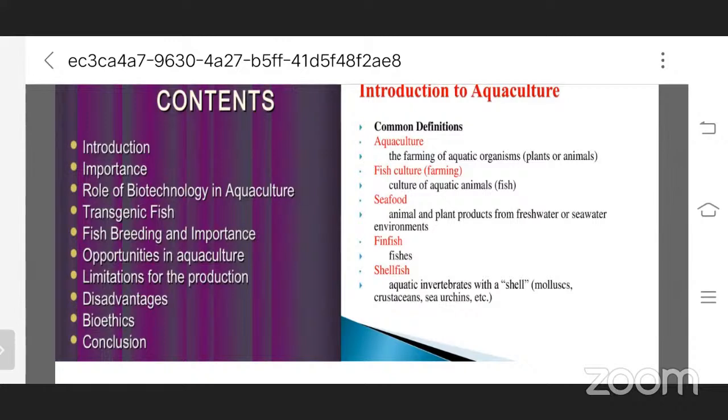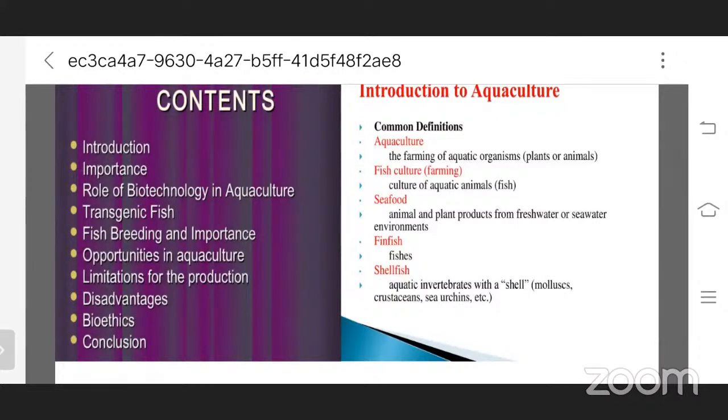So hatcheries are used for aquatic animals, and we also use methods like the inbreeding method. In this, for the first decade we are using hatcheries.